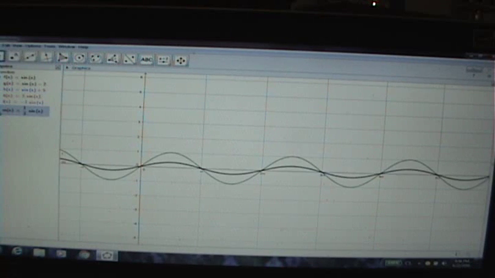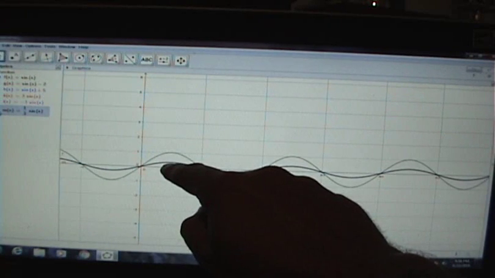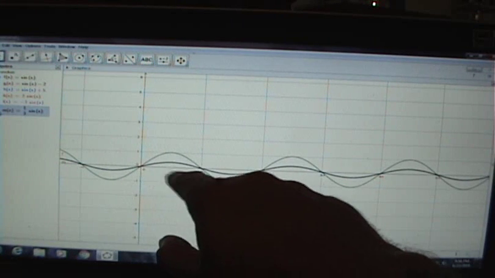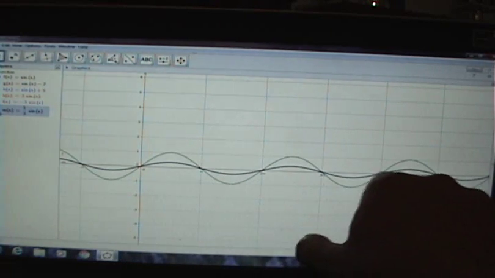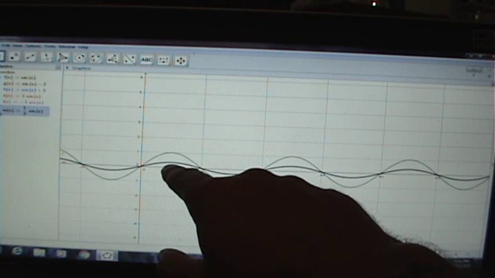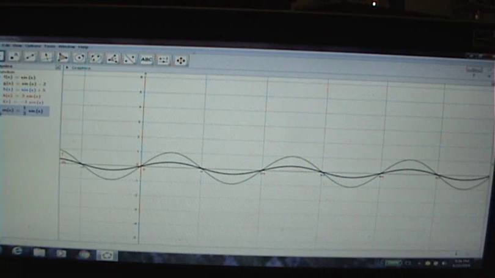So 1/3 sine x is going to take all of the y values and reduce them to 1/3 of what they are. Notice again, frequency hasn't changed. So I'm still hitting everything at the same place on the x-axis, but now instead of peaking at 1, I'm only going to peak at 1/3, and instead of going to -1, I only go to -1/3. So that's the effect of multiplying by a number between 0 and 1.